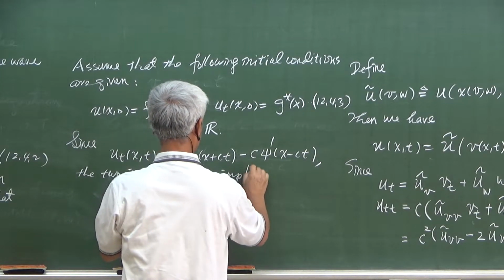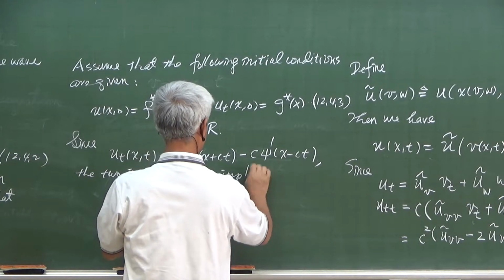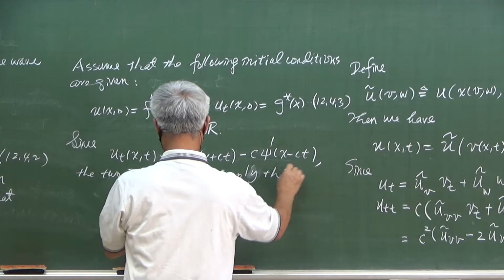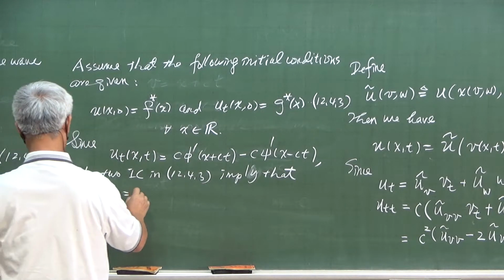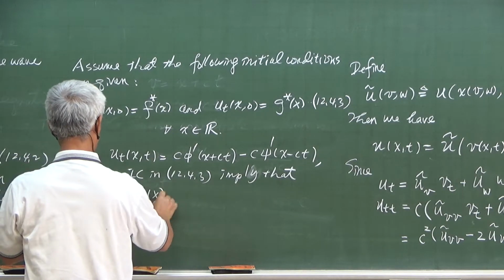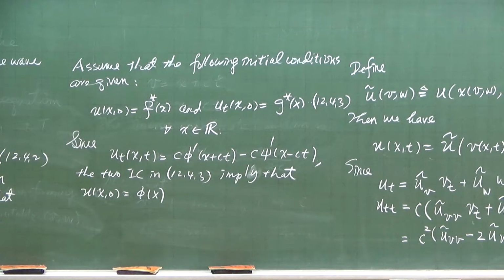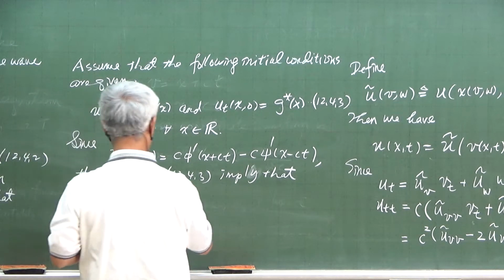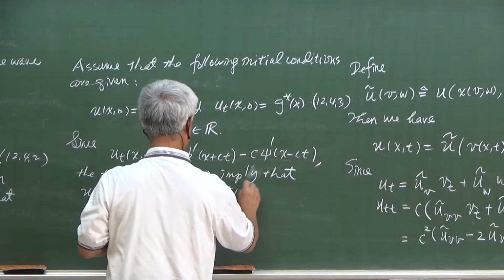imply that u of x, 0 is equal to phi of x plus psi of x. So when t equals 0, we have phi of x plus psi of x, and this is equal to f star x.